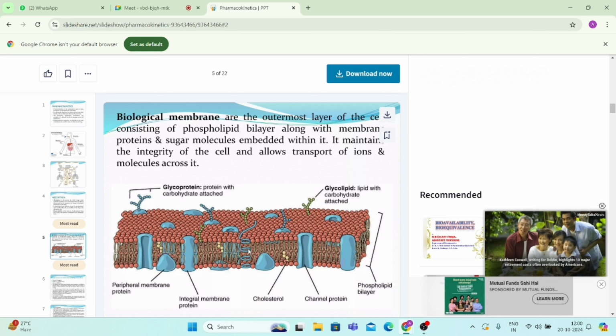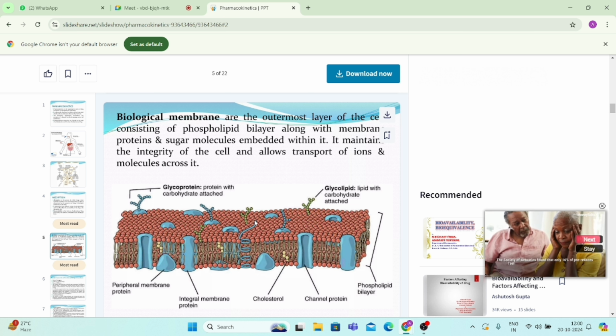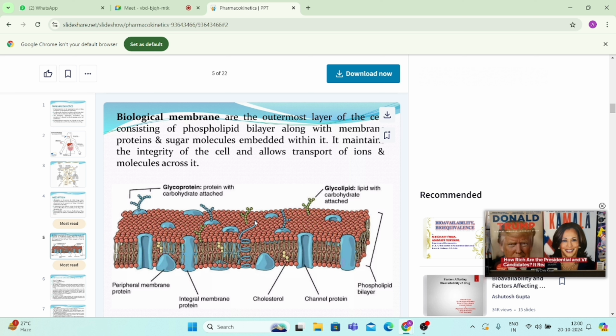It allows only fat molecules to enter, which we call hydrophobic in nature. You all know we have tails and heads in the plasma membrane, with embedded proteins and lipids. Just recollect how the plasma membrane is.